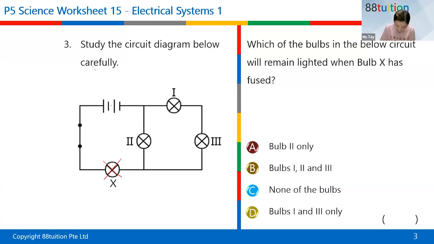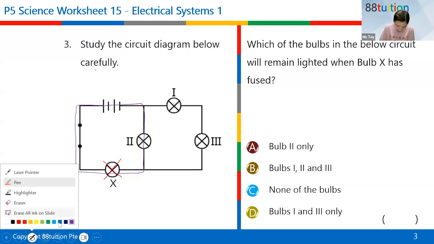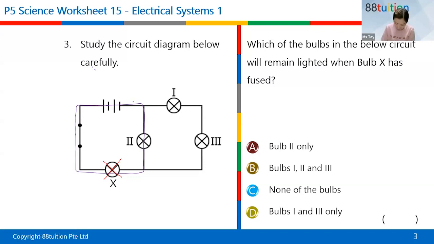Okay. So this is one possible path for current to flow. Agree? There's one more path because it is parallel. The next path that it can flow is actually this one. This way. So there are two separate paths for the electric current to flow.